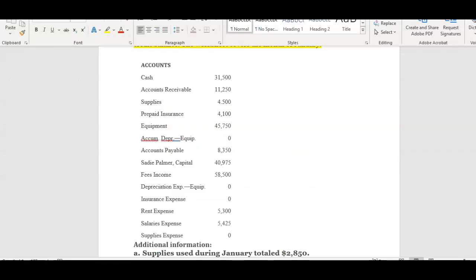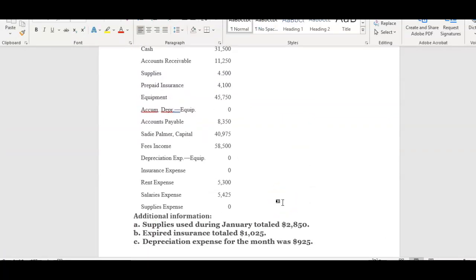Okay. So if we go back to our informational sheet, this says that supplies used in January total $2,850. Here our supplies balance was 4,500, and that's before adjustment.